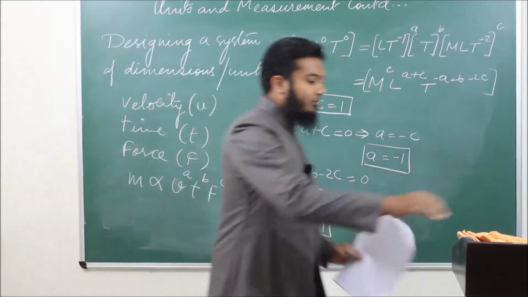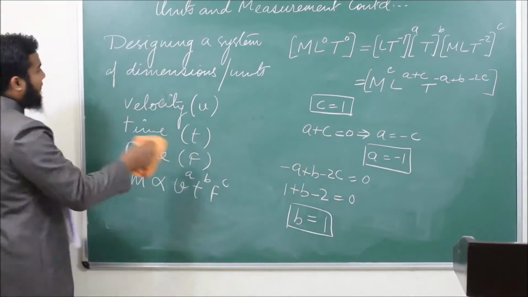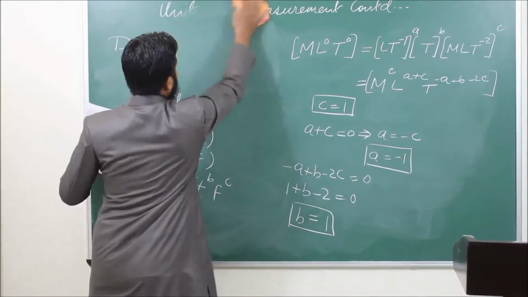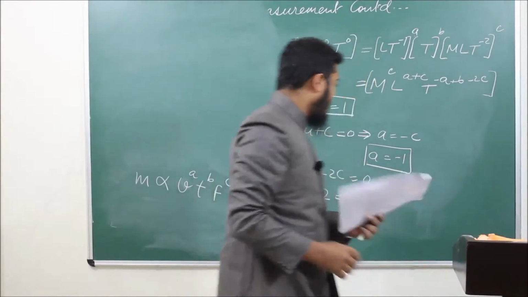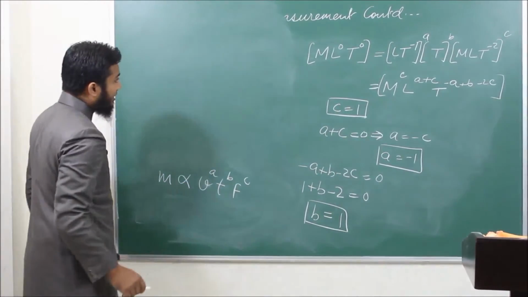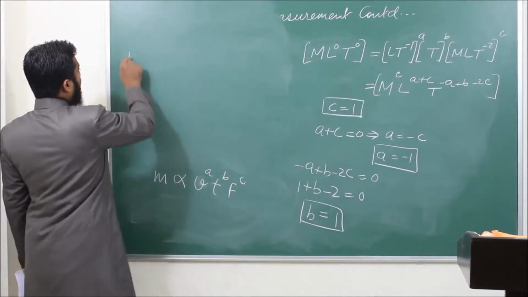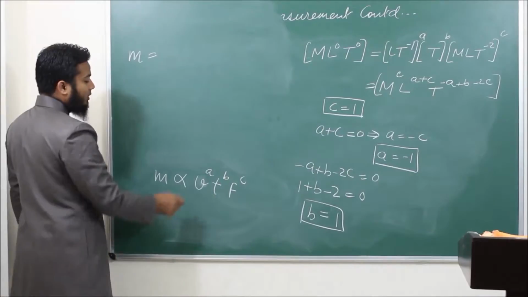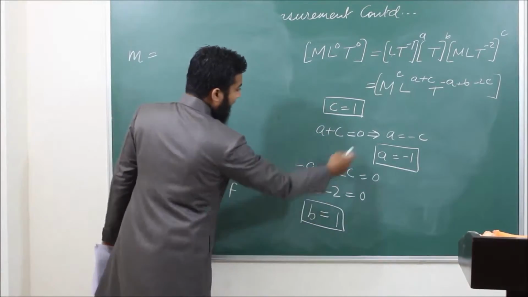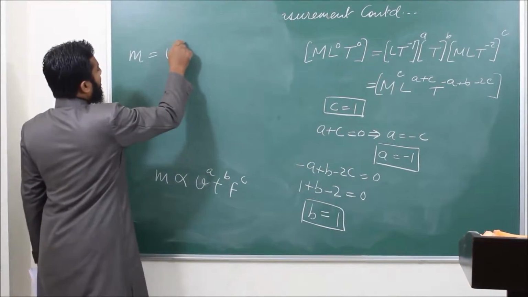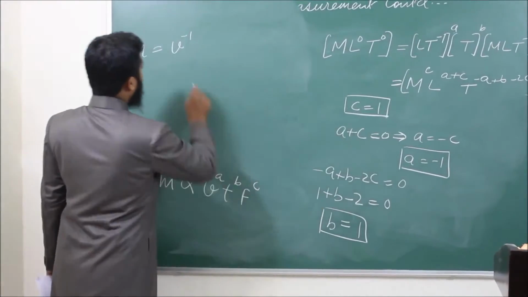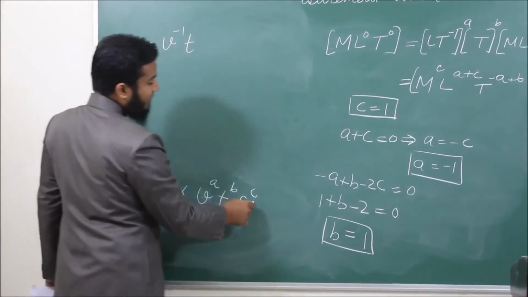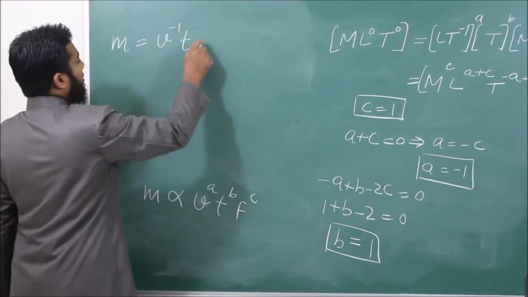Now, if I want to write the formula of mass in terms of these chosen base quantities, then m will be equal to v raised to the power a is minus 1, so v raised to the power minus 1, and t raised to the power b is plus 1, so just t, and f raised to the power c is again plus 1, so just f.